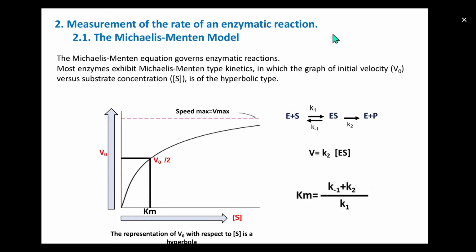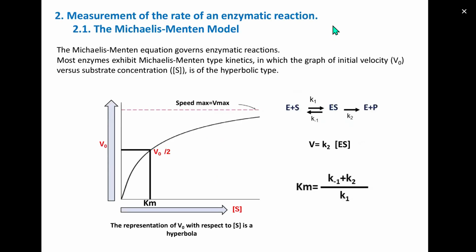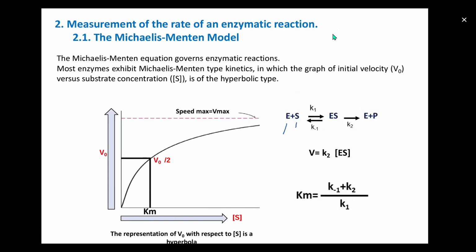Therefore, if we look at this reaction, we have enzyme plus substrate giving us the enzyme substrate complex. The kinetic constant for the forward reaction is K1, and the kinetic constant for the reverse reaction is minus K1.